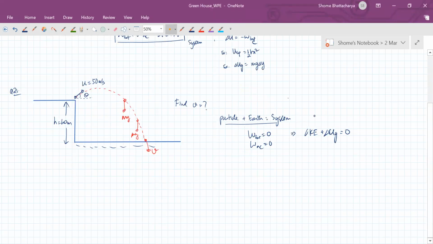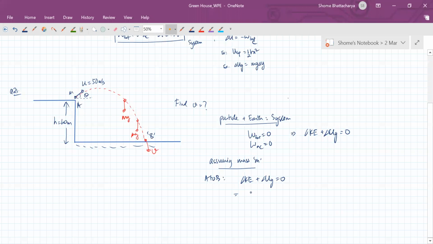Let's say the particle's mass is m. Assuming mass m, you can see that from A to B, the change in kinetic energy plus change in gravitational potential energy should be zero.